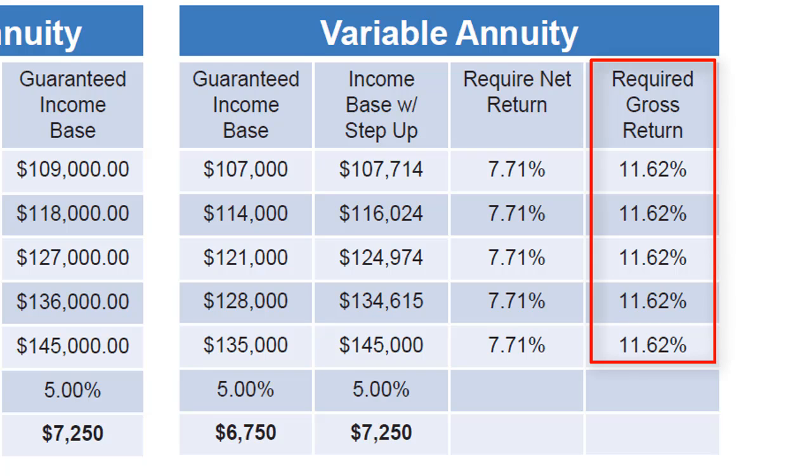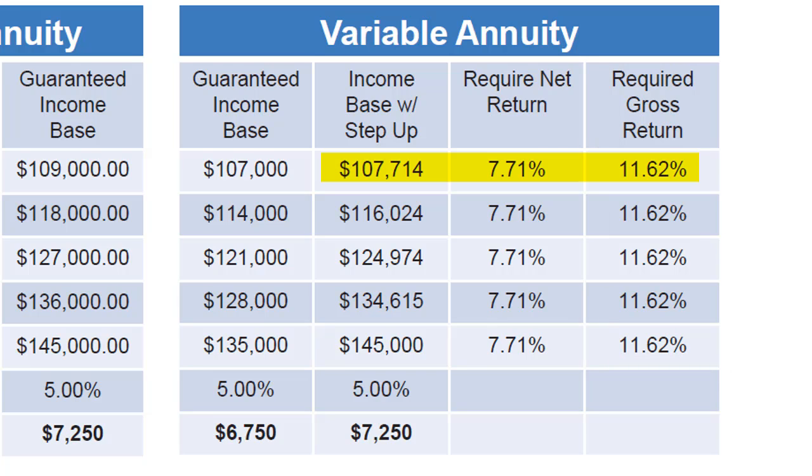The far right-hand column says, okay, if our step-up occurs after the fee is assessed, then we would need to gross 11.62% each year, so that after the 3.5% fee has been pulled out and our step-up occurs at that point, that would get us the net 7.71% return each year that we would need in order to grow our income base to $145,000.